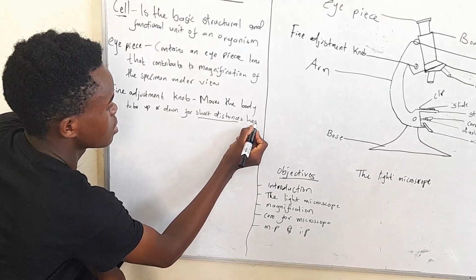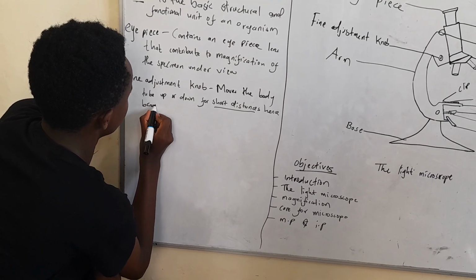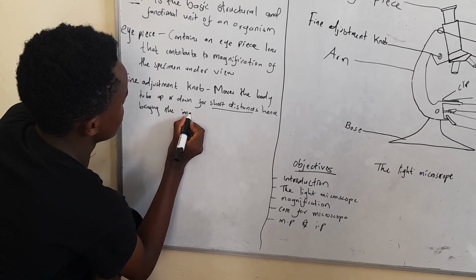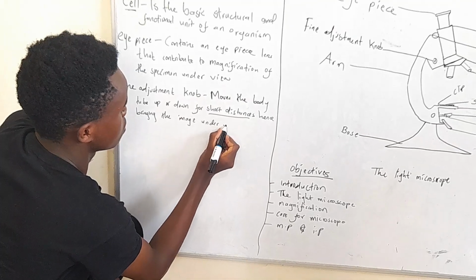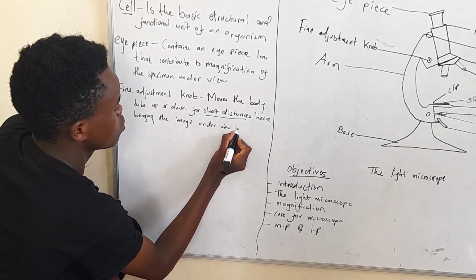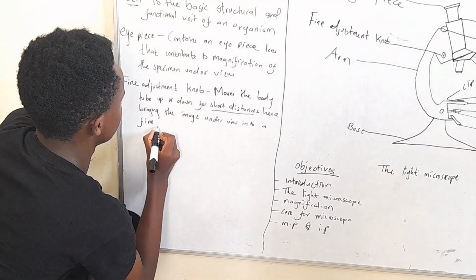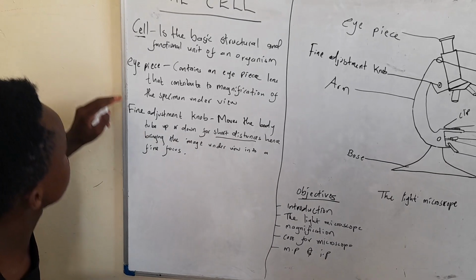Hence, bringing the image under view into a fine focus. So that's the function of a fine adjustment knob.